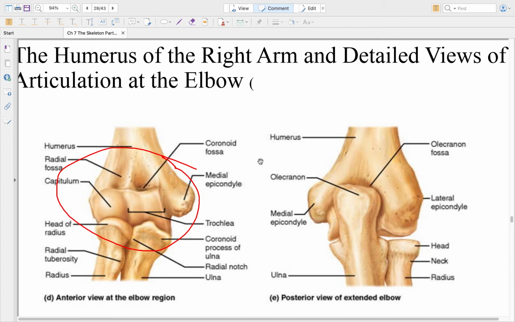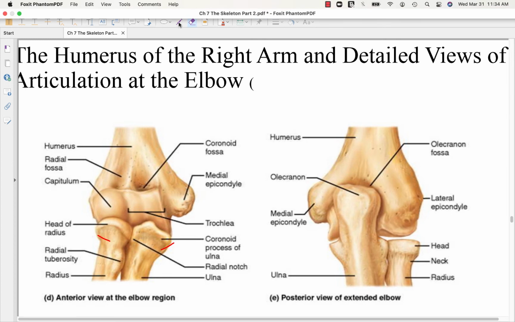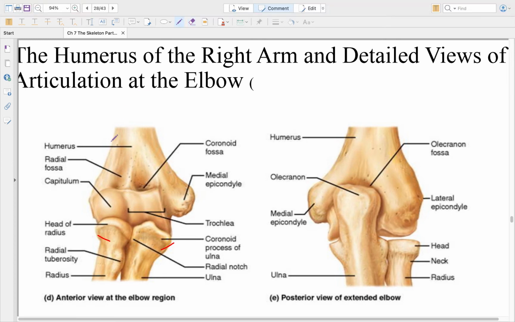Here's a closer look at the olecranon fossa, and notice that our bones for the forearm are already brought into this image here. Now let's take a look at how they're connected. Okay, so this is the humerus bone up here, right?